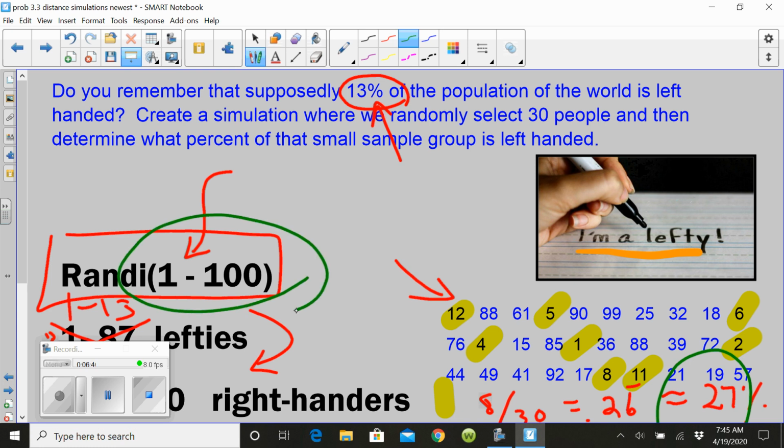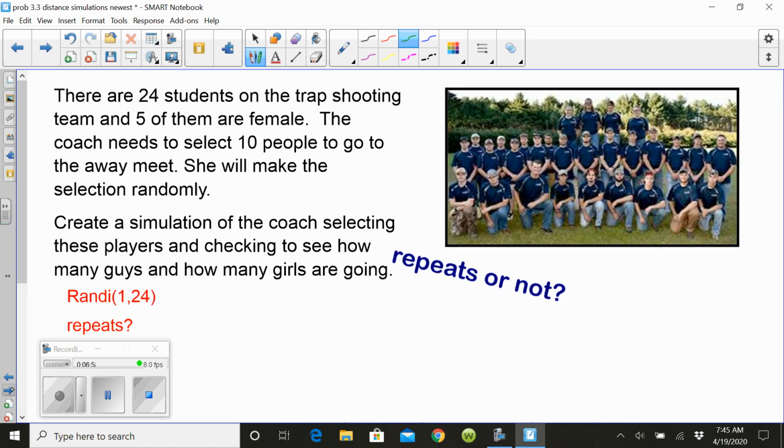And there's millions, actually billions of people in the population. And so a number here isn't really equated to a particular person in the population. So I think it's okay for repeated numbers.